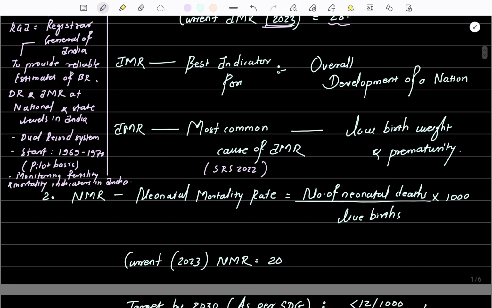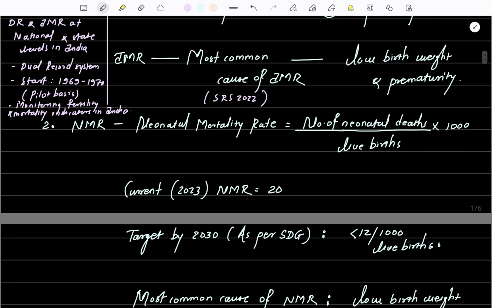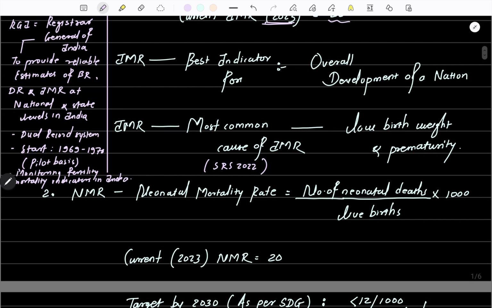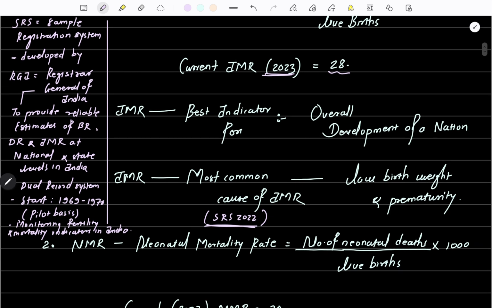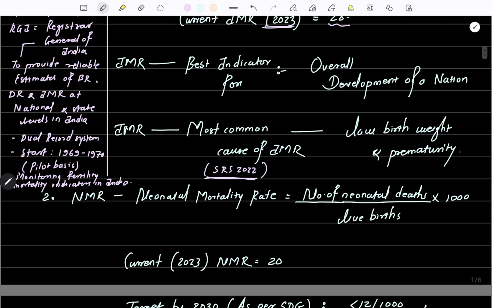Then, the most common cause of infant mortality is low birth weight and prematurity. The common causes of infant mortality, we take from SRS. SRS is the Sample Registration System, and it was developed by the RGI, the Registrar General of India.